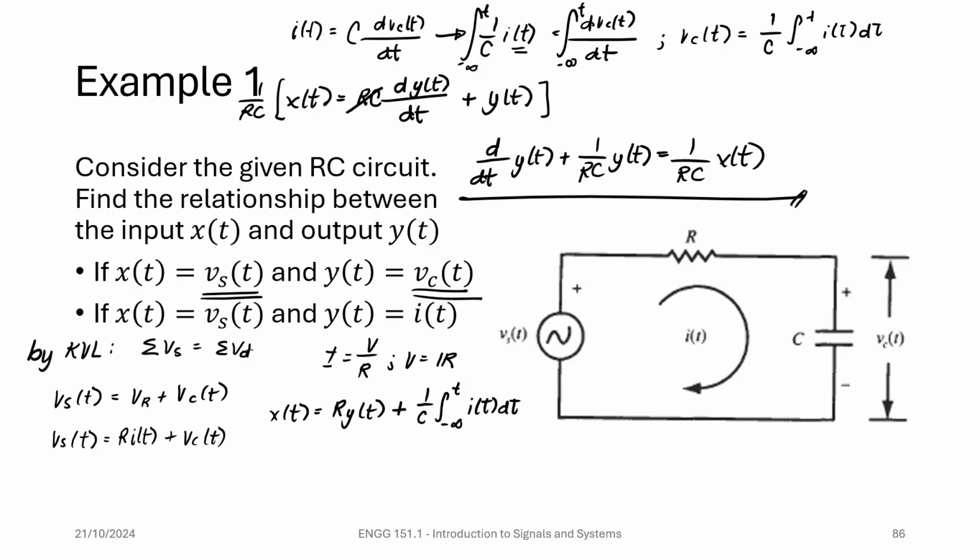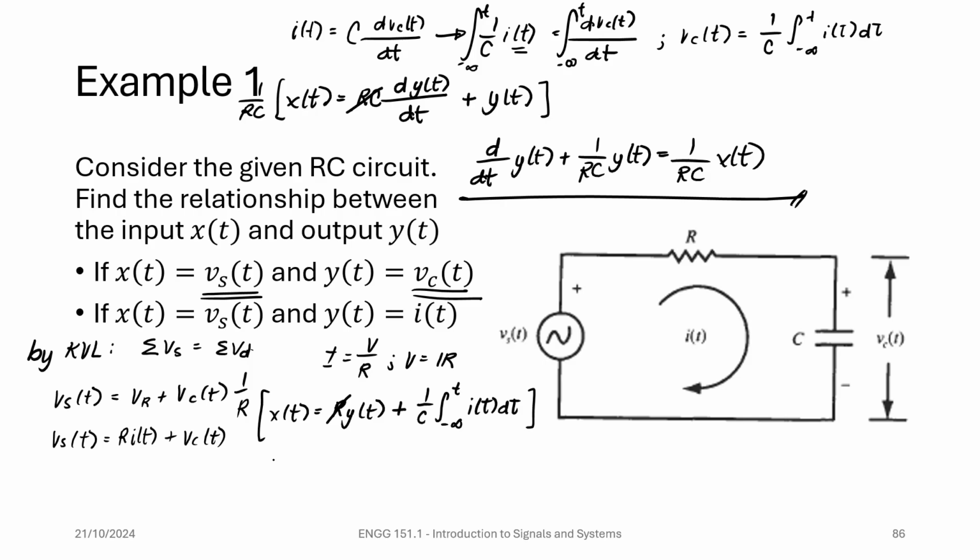So what are we going to do here? We can divide by R, to eliminate R, because remember y of t is our output. We're also going to change I of tau into y of tau.